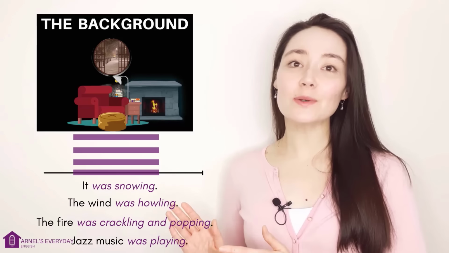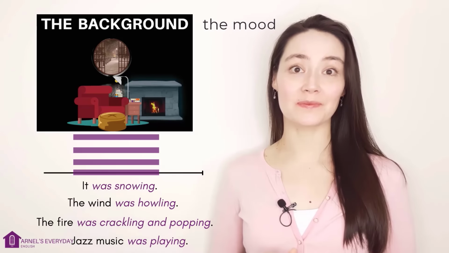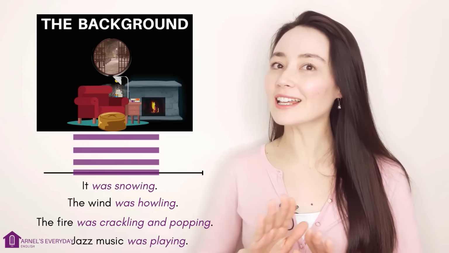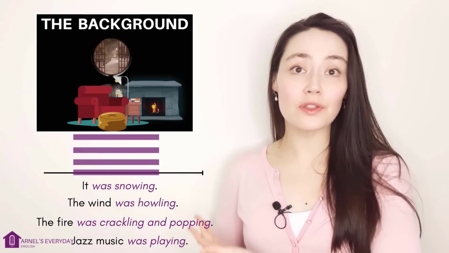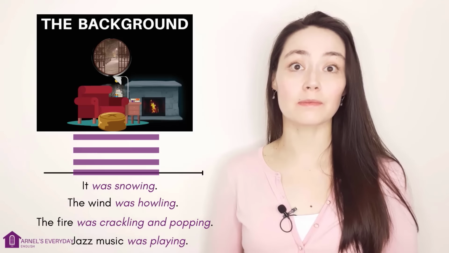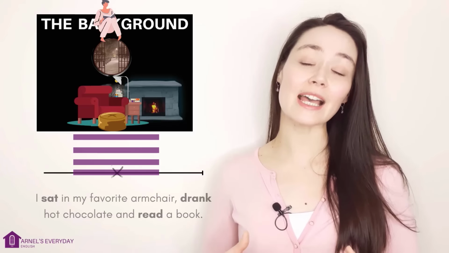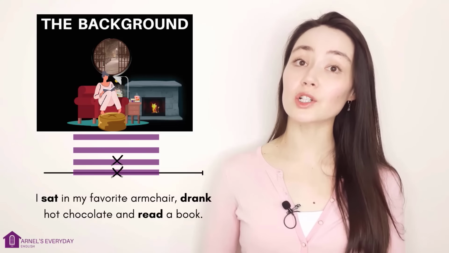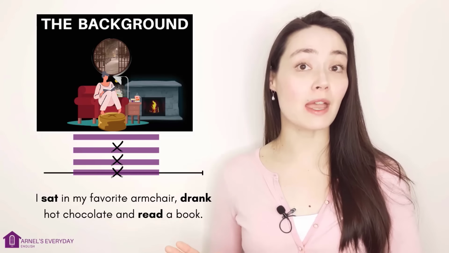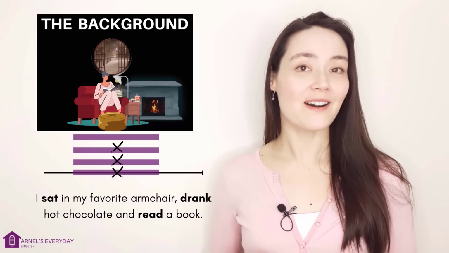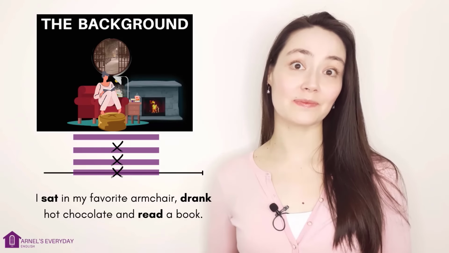The past continuous is giving you the mood. It's not the main action. And you can see there can be several things happening at the same time. I sat in my favorite armchair, drank hot chocolate, and read a book. The past simple gives you the main actions. Okay, let's get back to the lesson.